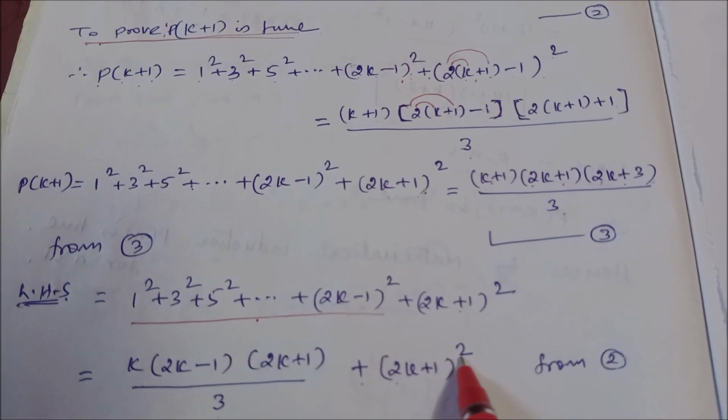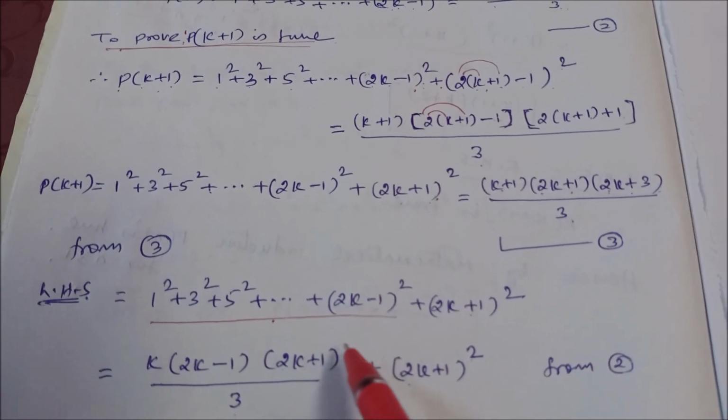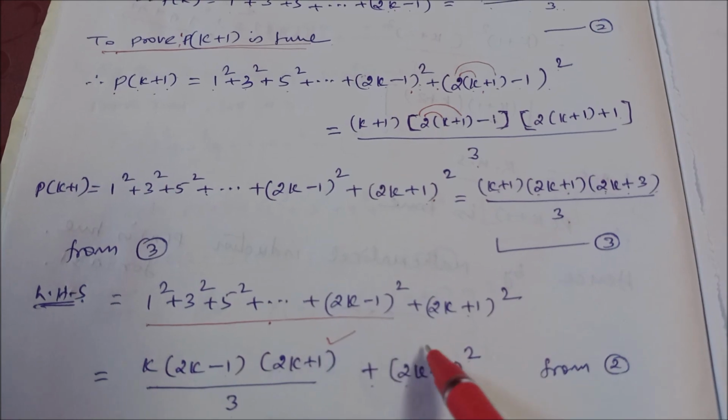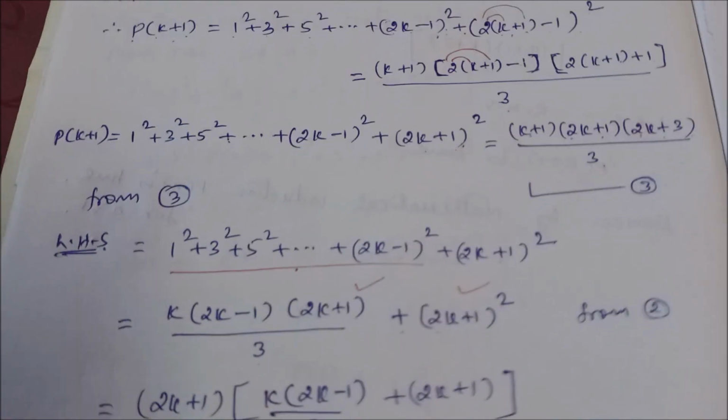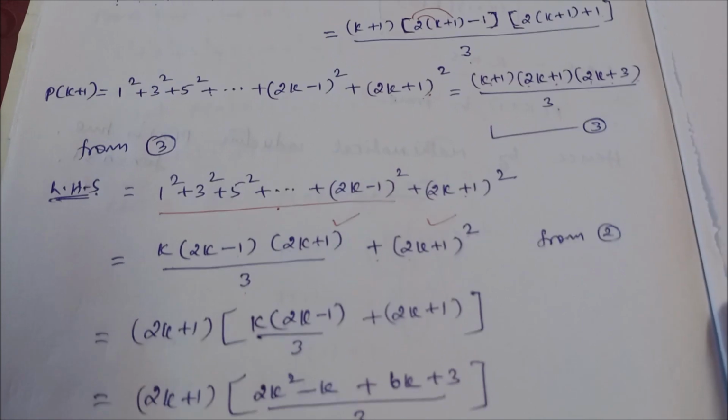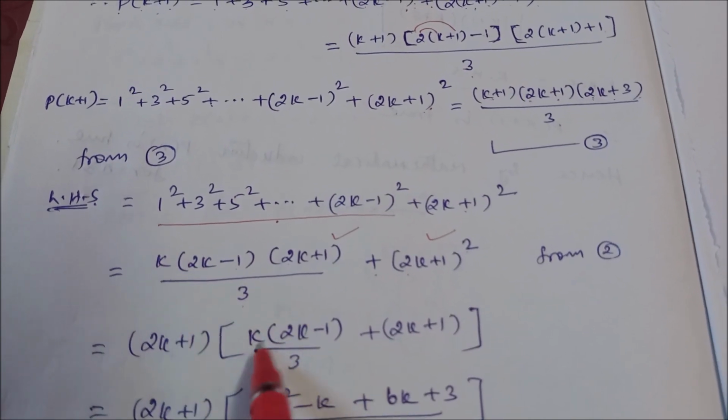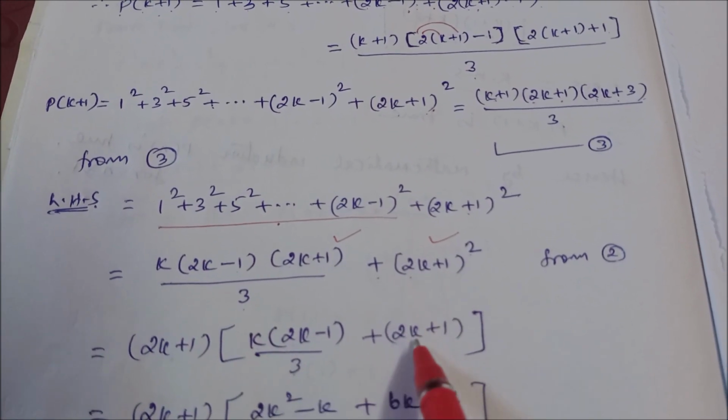It is clear that in both terms 2k plus 1 is common. So 2k plus 1 into k into 2k minus 1 by 3, plus k plus 1 remaining.